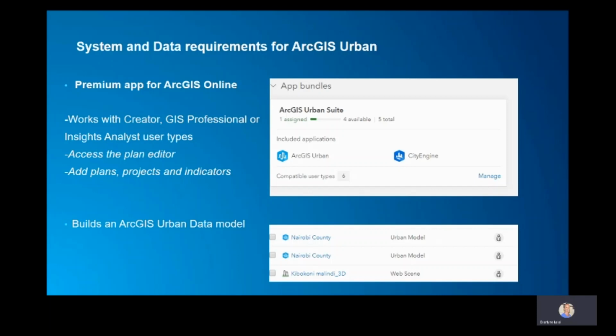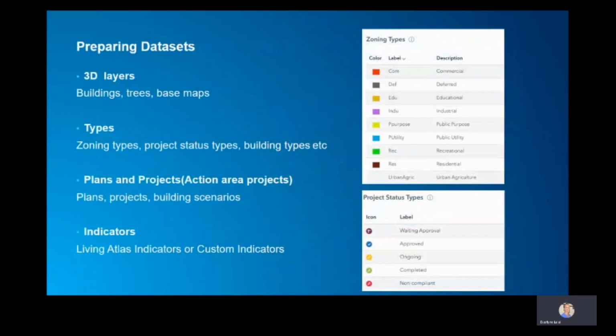This data model enables you to prepare GIS data sets, create feature classes, tables, and configure data access settings and other configurations. So in terms of the system requirements, that's what you need to be able to get started with ArcGIS Urban. Then the next bit will be on the data requirements.